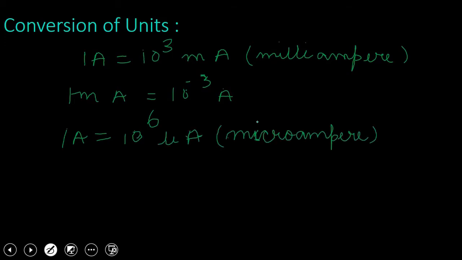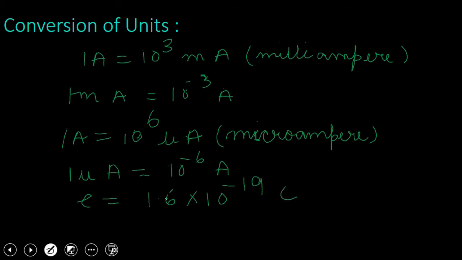Then 1 microampere is equal to 10 to the power minus 6 ampere. Then we will see what is E. E is equal to 1.6 into 10 to the power minus 19 Coulomb, which is charge on 1 electron. By knowing these formulae and the conversion of units, you may be able to solve these numericals very quickly.